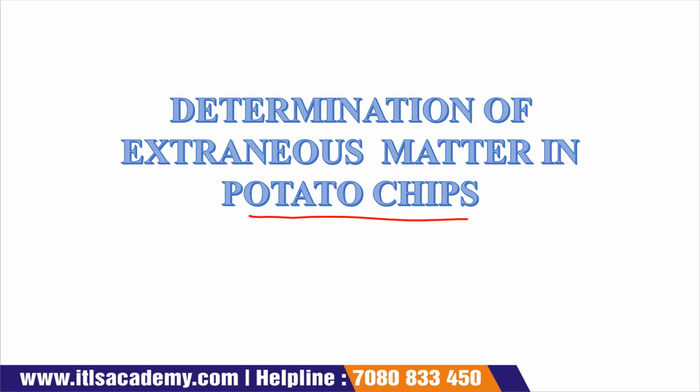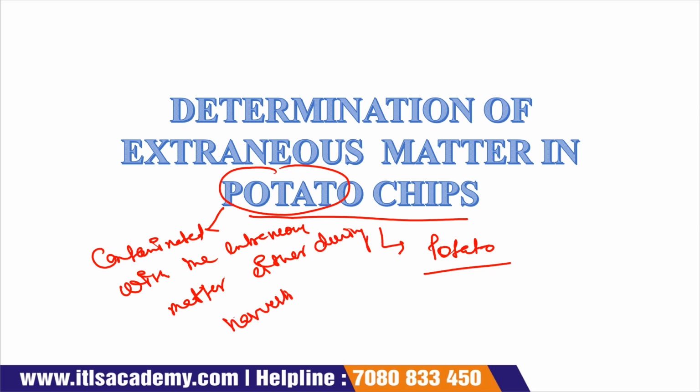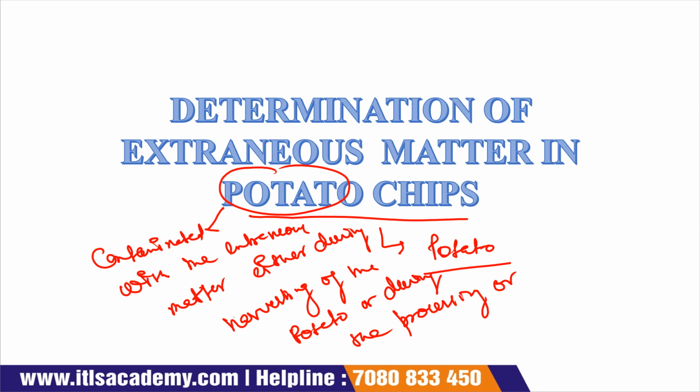Potato chips are made from potatoes, and there is a higher chance that they will be contaminated with extraneous matter, either during the harvesting of the potato, or during the processing or storage of the potato chips. There is a high chance of that.